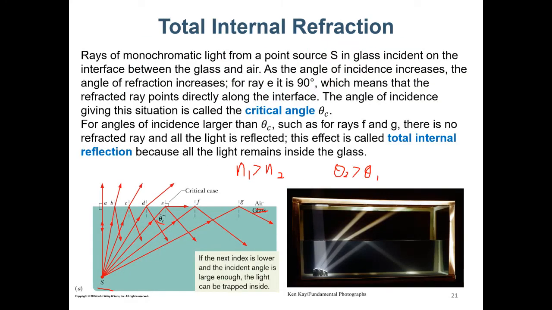So in that case, suppose theta c is large enough, then you'll see that the refracted angle is 90 degrees. If you further increase the incident angle, then all the waves should be reflected. And this is called total internal reflection.